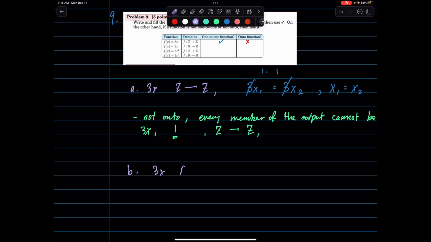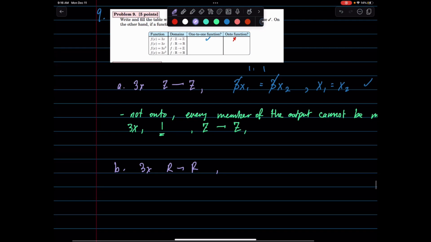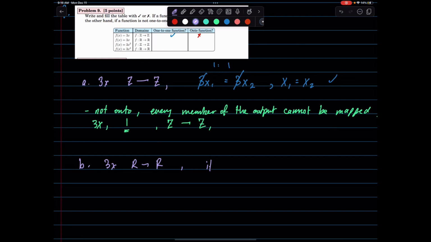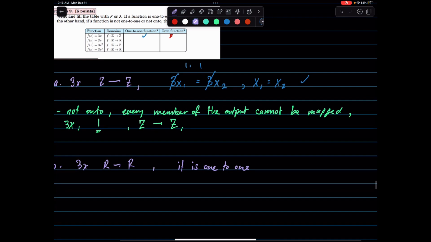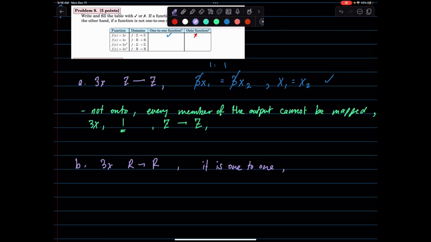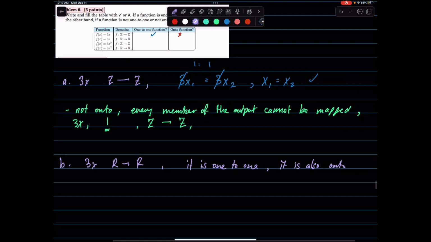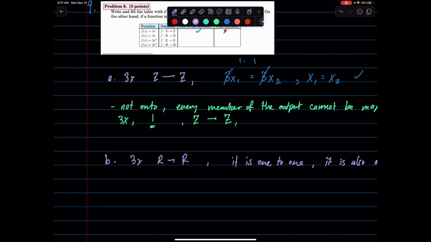Alright, so next part. 3x from R to R. So we already showed before that it is one-to-one. And now, since it's in the set of real numbers, we can use decimals. It is also onto, because now the number 1 can be mapped since we can use 1/3 in place of x, right? We can now use decimals, so every number will end up getting mapped.